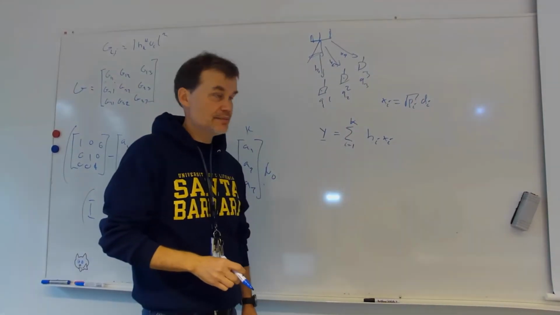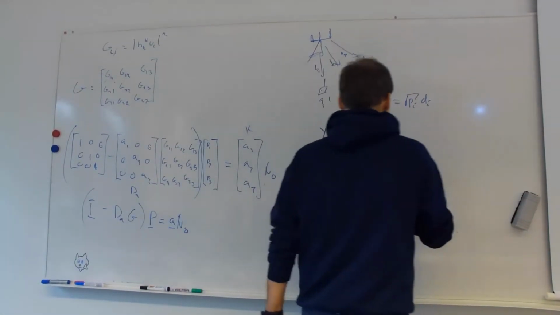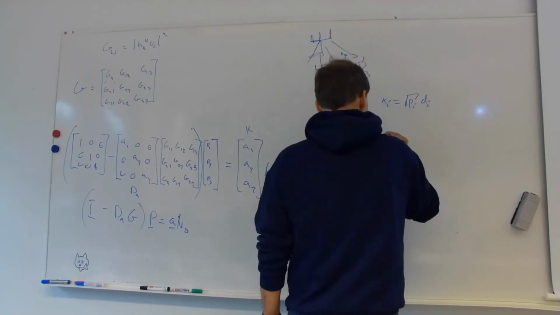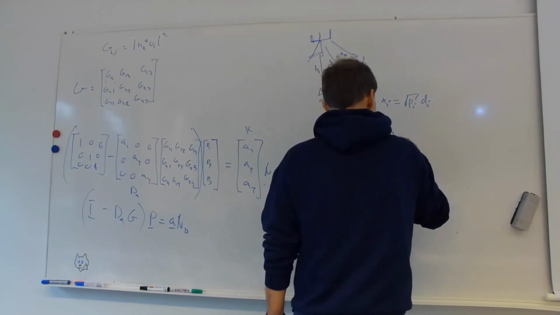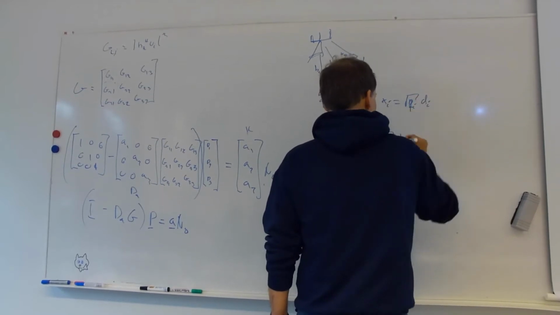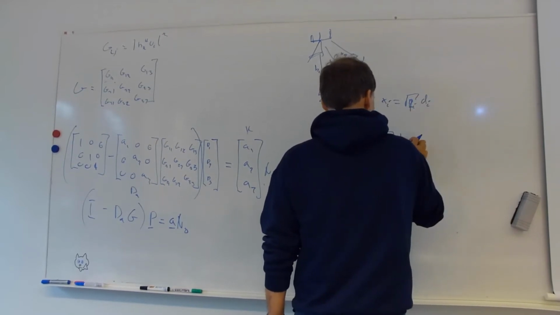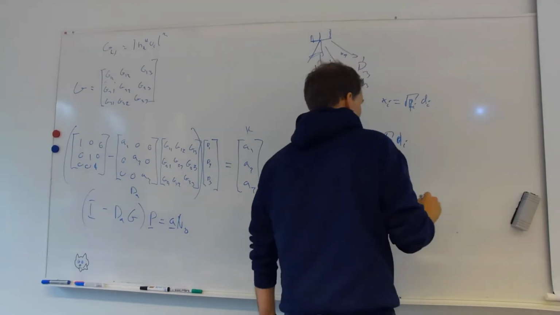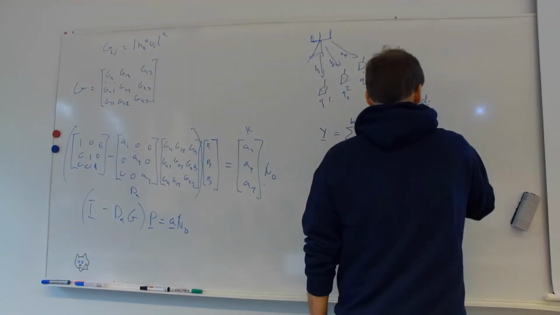It's a simple deal. Now we can write, sorry, qi times the symbol, plus a noise vector.